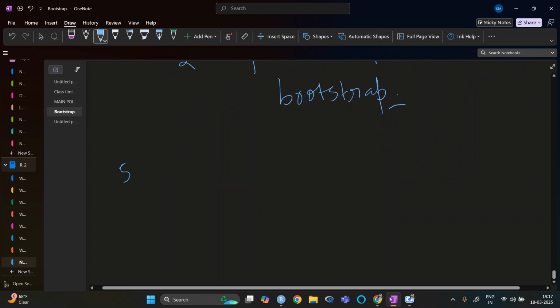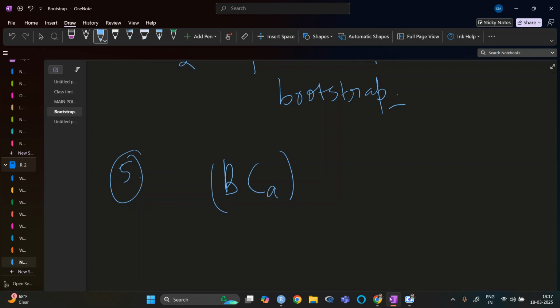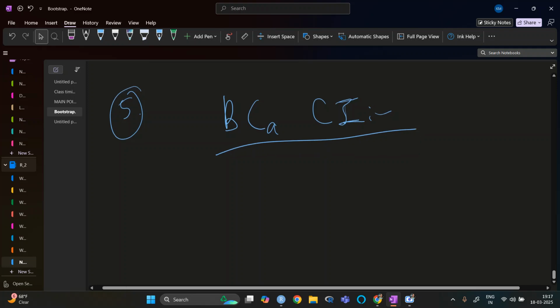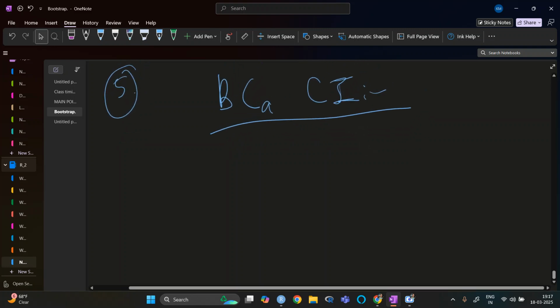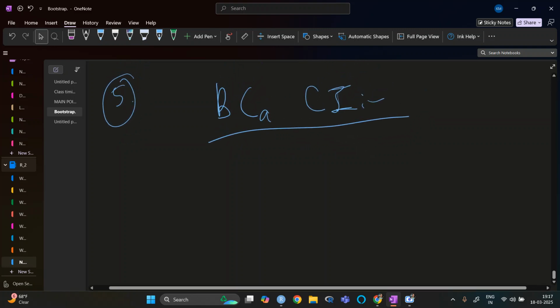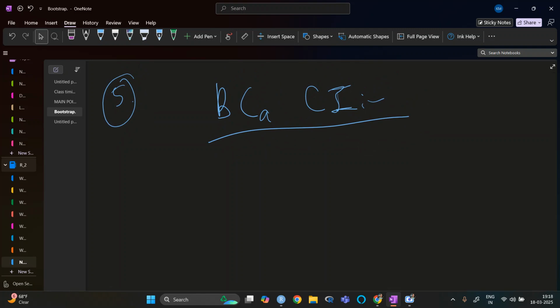The next one is the bias corrected accelerated CI. So this is bias corrected percentile. We do not divide it into 1 minus alpha by 2 and alpha by 2 from both sides.